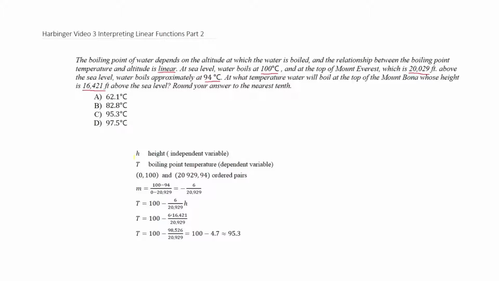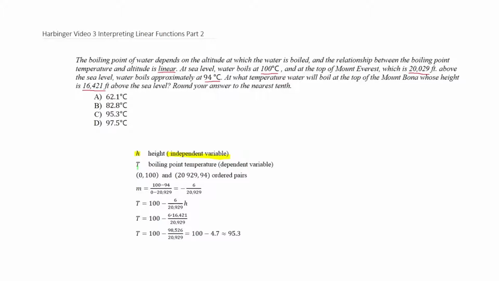So let us have a look at this problem. Since the relationship between the height or altitude and the boiling point of water is linear, we can try to find the slope of the function. First, you need to decide which variable, temperature or height, is independent and which one is dependent. Is the boiling point changing depending on the height, or does height depend on the temperature?